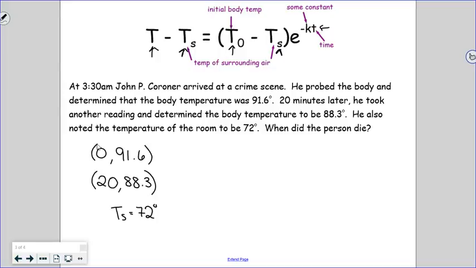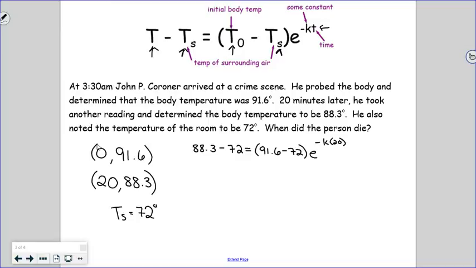Okay, so putting those numbers in that we just talked about, 88.3 minus 72 equals, we're letting our initial time when we walked in, time sub 0, be 91.6 minus 72, e raised to the negative k, and time is 20.